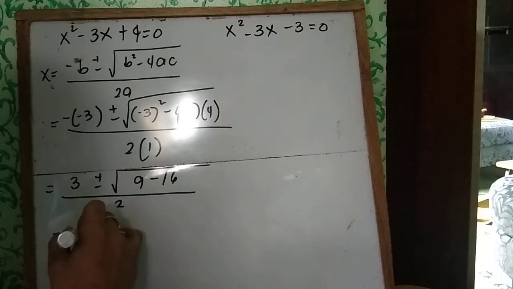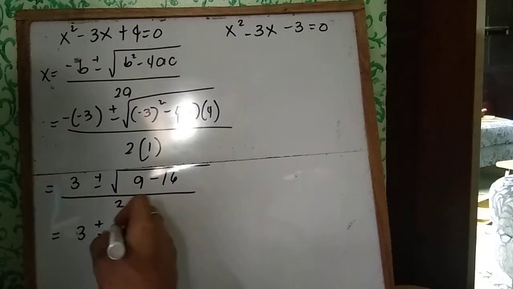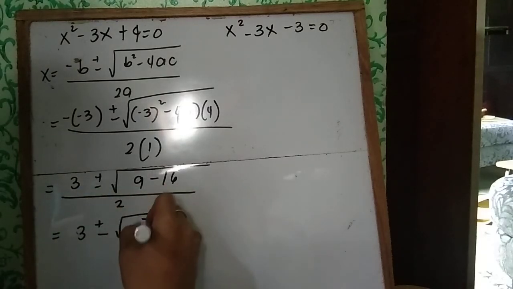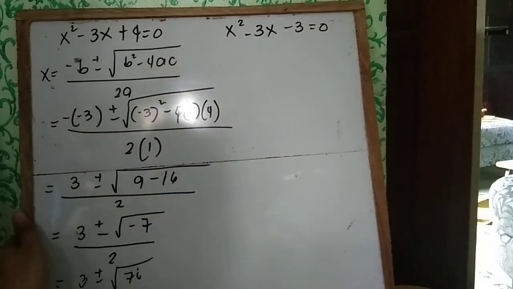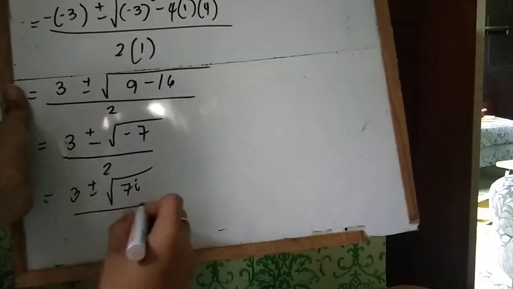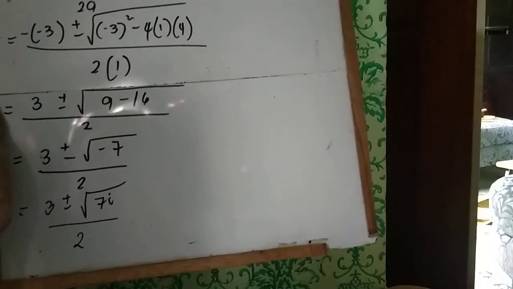Equals 3 plus or minus, 9 minus 16 is negative 7, over 2. So now the final answer will be 3 plus or minus the square root of negative 7, which is equivalent to 7i because it is an imaginary number, over 2. Okay, that will be the final answer for the first equation.